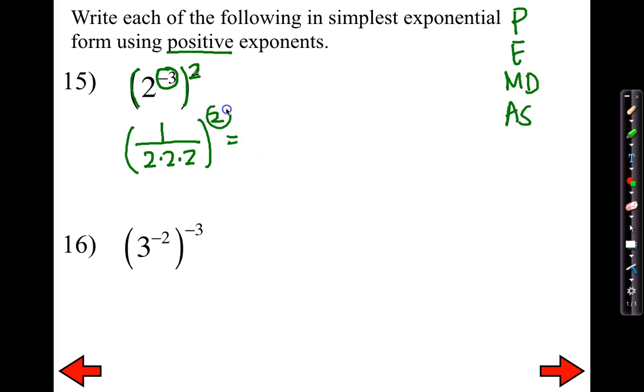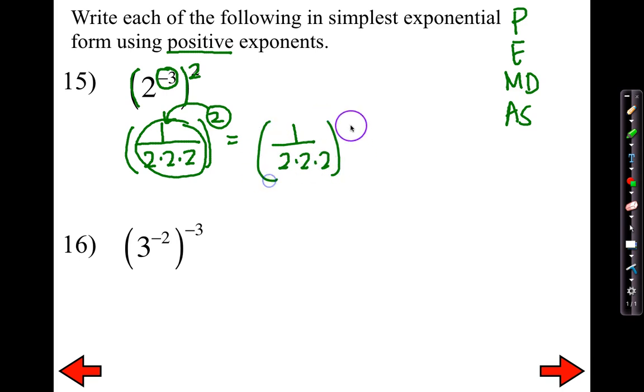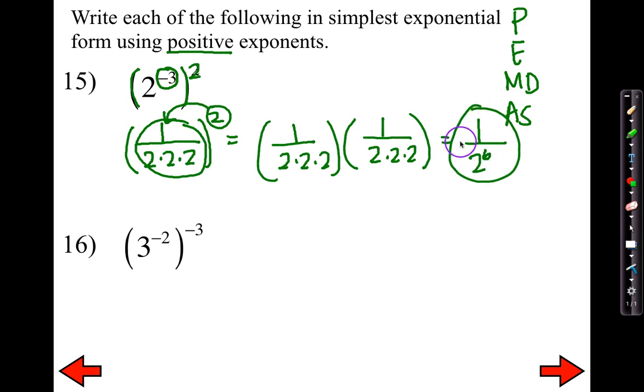Well, I'm going to go ahead and repeat this entire base a total of 2 times. So here's once, and then here's one more to give us a total of 2. So I'm going to say my final answer is 1 over 2 to the, well, there's 1, 2, 3, 4, 5, 6. 6 of them.